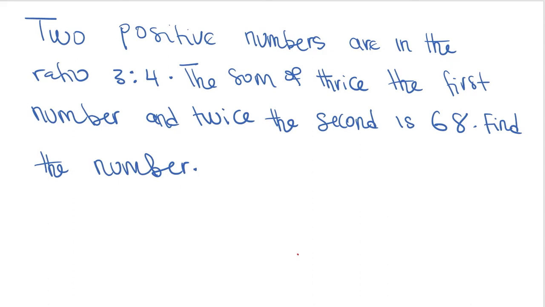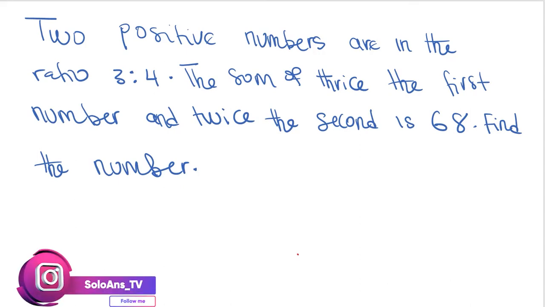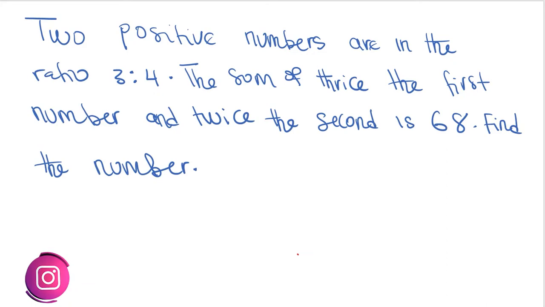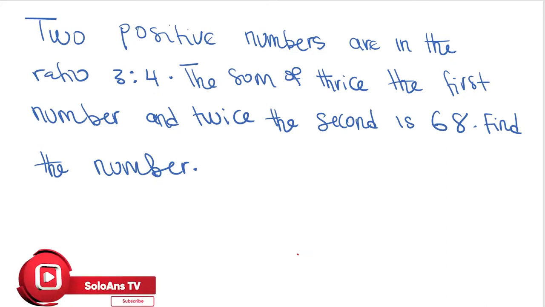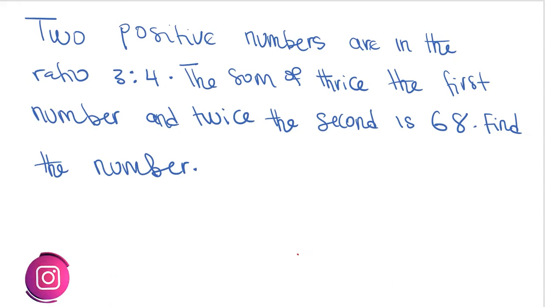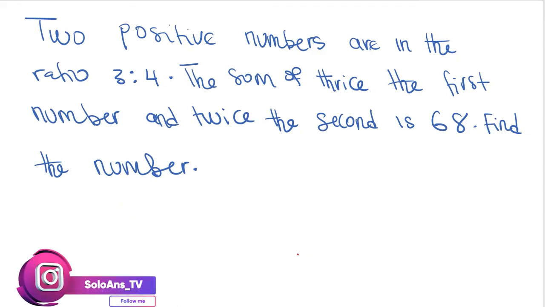Okay, so let's start. It states that two positive numbers are in the ratio 3:4. The sum of thrice the first number and twice the second number is 68. Find the numbers. So what are the numbers? We don't know them. So first let's do some representations.